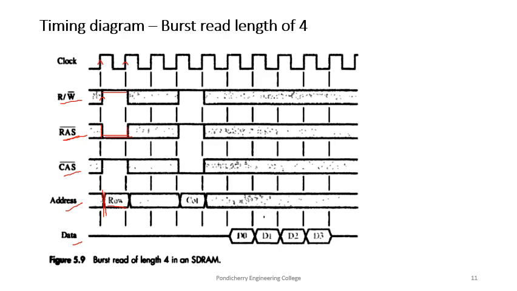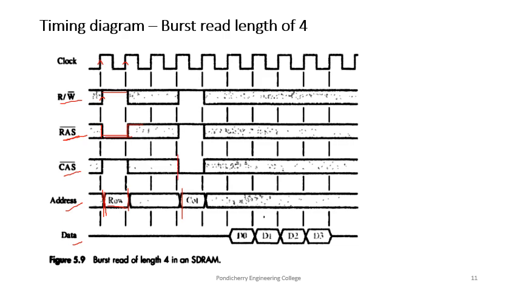This is taking one cycle, and after this the row address strobe is deactivated, and here the row address has been latched. Okay, and after 2 cycles only you can see this column address is getting latched. Just before this we can see this column address strobe is active, right?